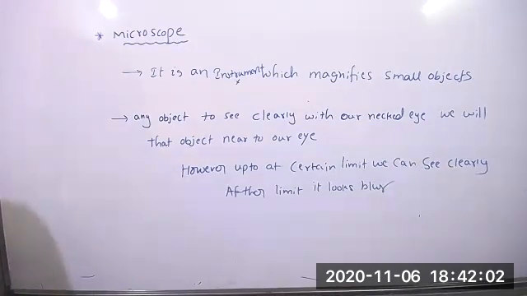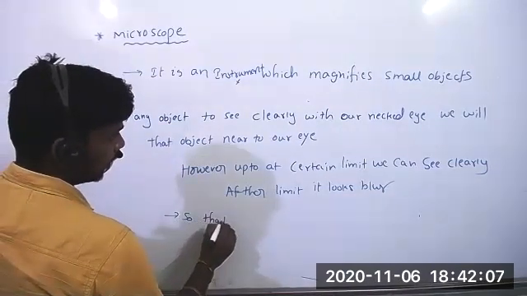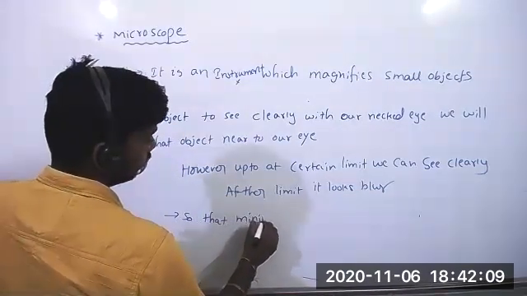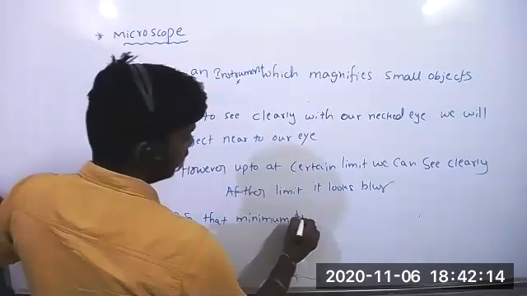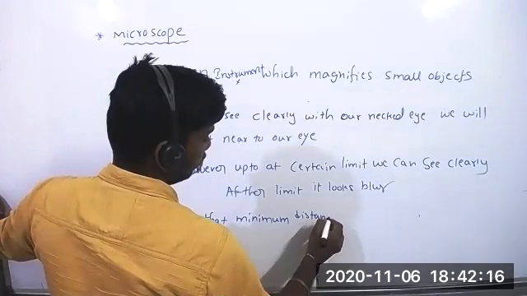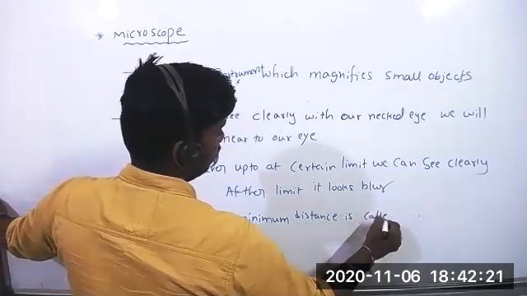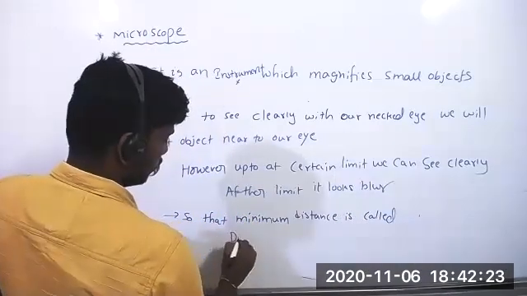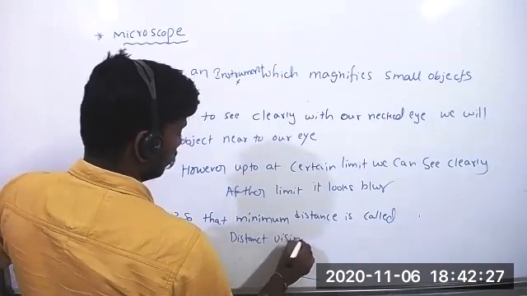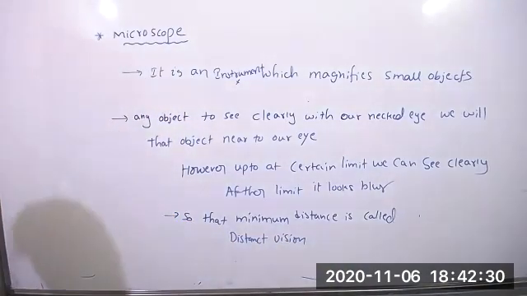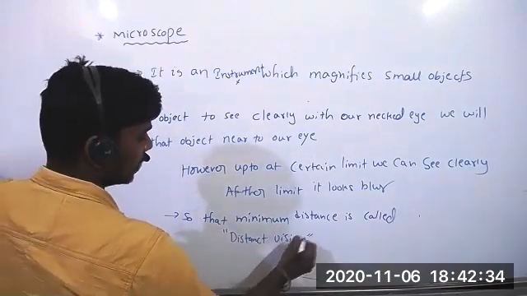So that minimum distance is called distant vision. That minimum distance is called distinct vision.